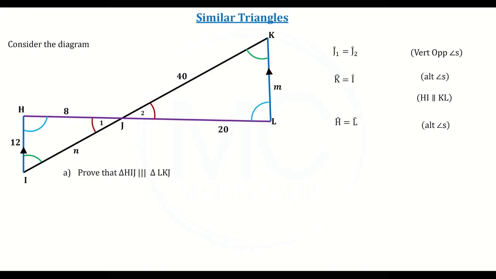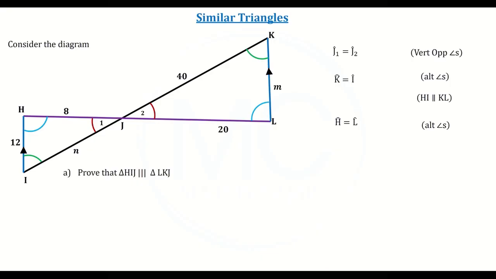Now we have three pairs of equal angles, but are they corresponding angles? H is the first letter in the triangle HIJ, and L is the first letter in triangle LKJ. So H and L are corresponding angles, and we've just proven that they are equal. I is the second letter in HIJ, and K is the second letter in LKJ.